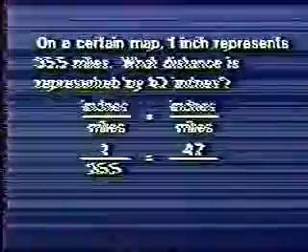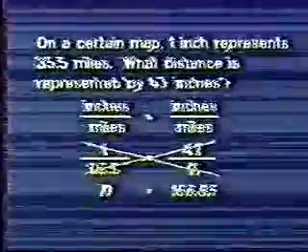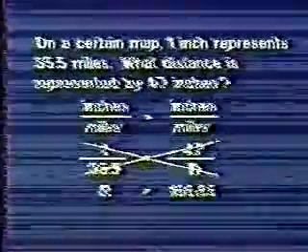Now on the right side, we're asked for the distance that is represented by 4.7 inches. So on top, we write 4.7, and on the bottom we'll write a letter, something like N perhaps. Now to solve, of course, we'll cross multiply. 1 times N is N for one cross multiplication, and the product along the other diagonal is 166.85.